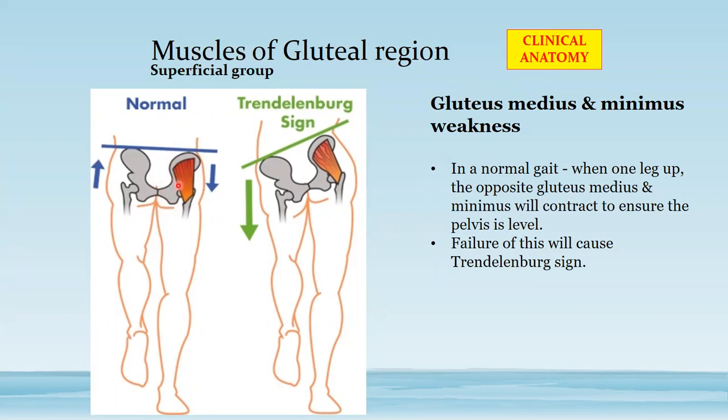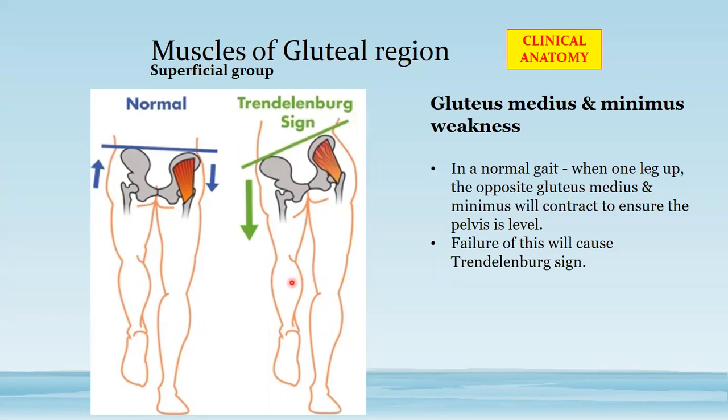So why do they need to contract? This is to ensure the pelvis is level. Failure of this will cause the Trendelenburg sign. So in a patient with weakness of these two muscles, they will fail to produce the contraction of these two muscles and thus the pelvis becomes tilted. So the Trendelenburg sign is there.